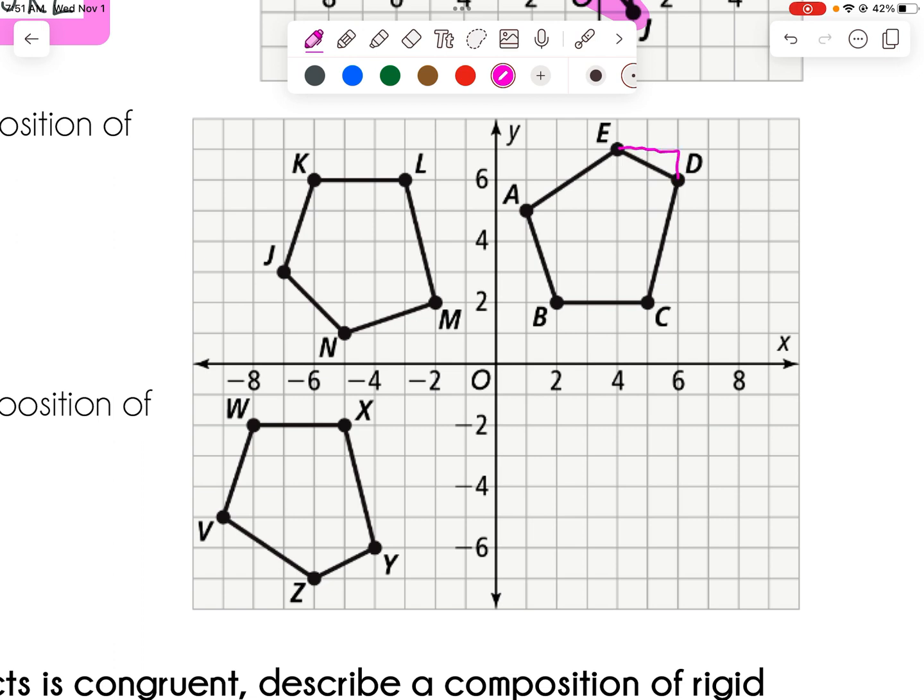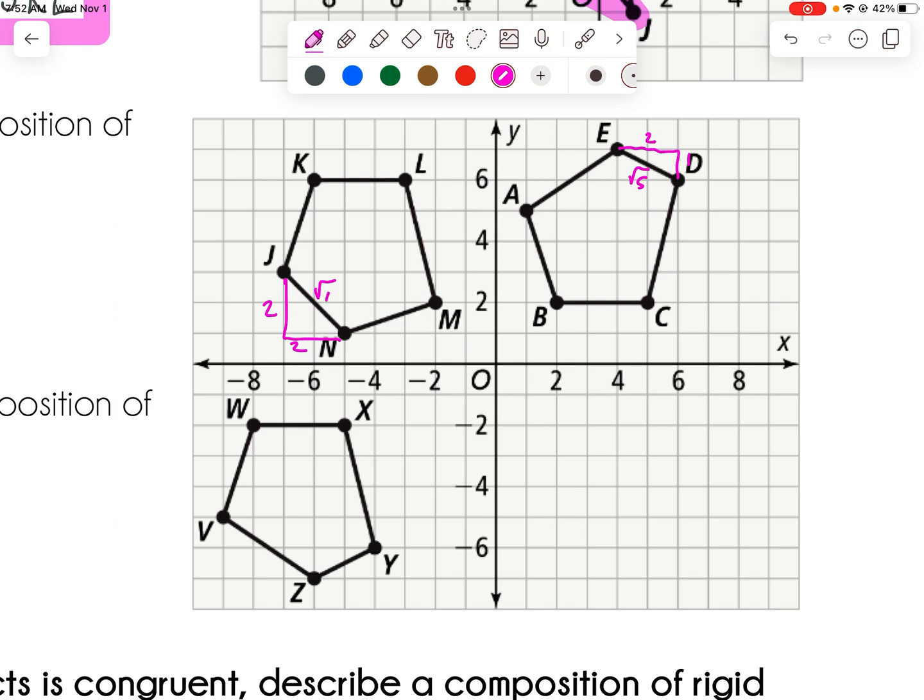If I look at ED, that goes up 1 and over 2. If I were to use the Pythagorean theorem on this 2 by 1 triangle, that would be 4 plus 1, which is the square root of 5. I would have a length that's the square root of 5. Now, if I look at its equivalent side, that should be JN. That goes 2 and 2. 2 squared is 4, plus 2 squared is 4.